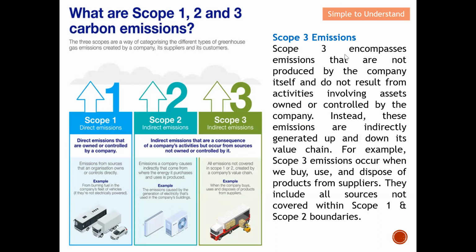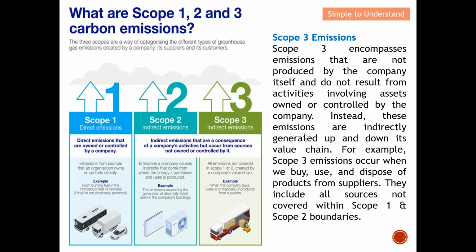Scope 3 emissions encompass emissions that are not produced by the company itself and do not result from activities involving assets owned or controlled by the company. You can see the keyword here: they do not involve any asset owned. You don't own that particular asset and you cannot control it at all in your own company.